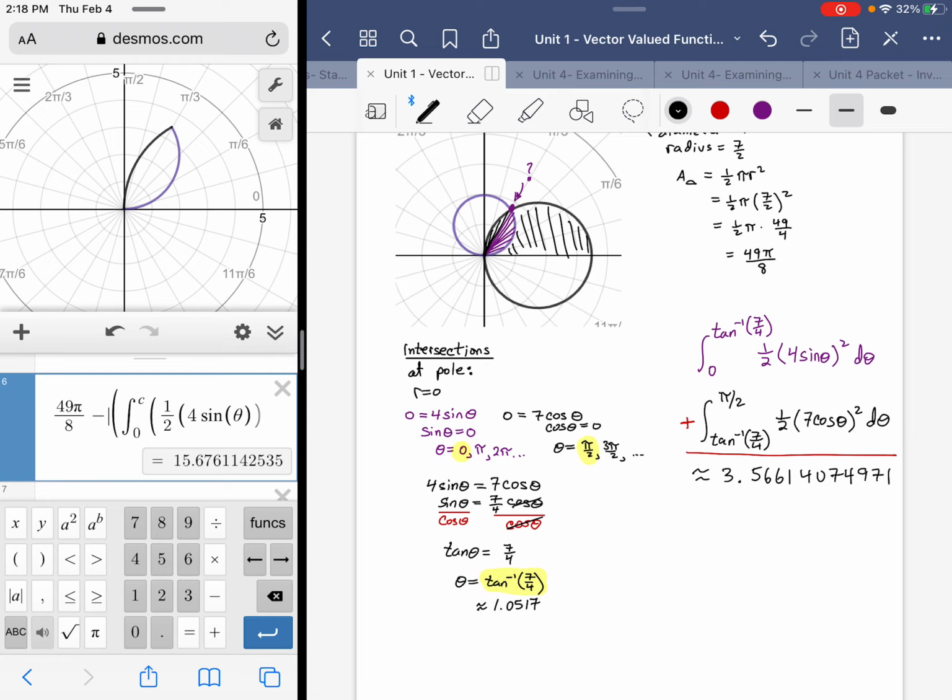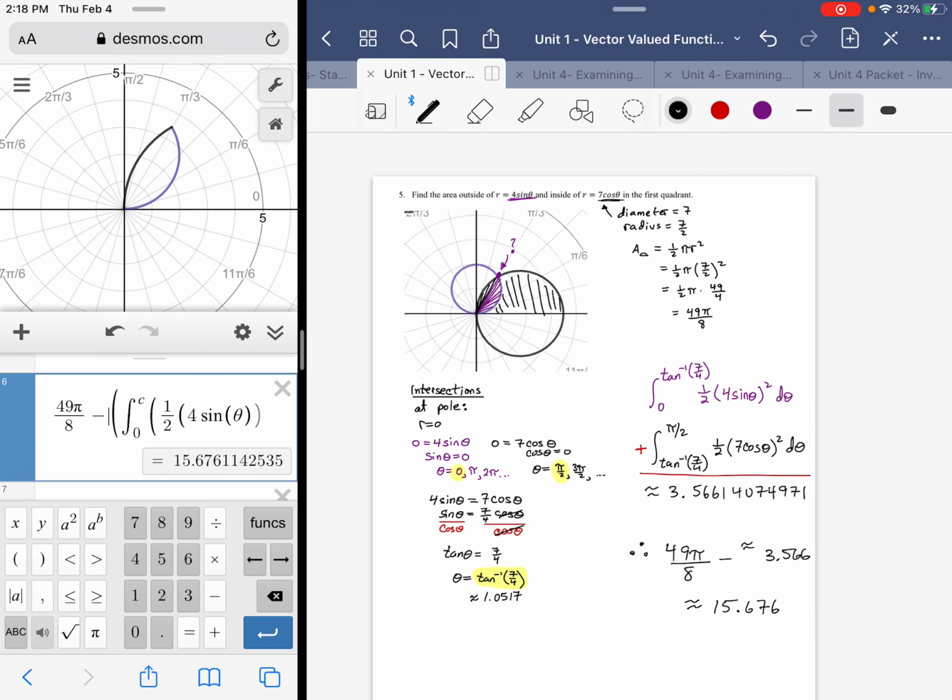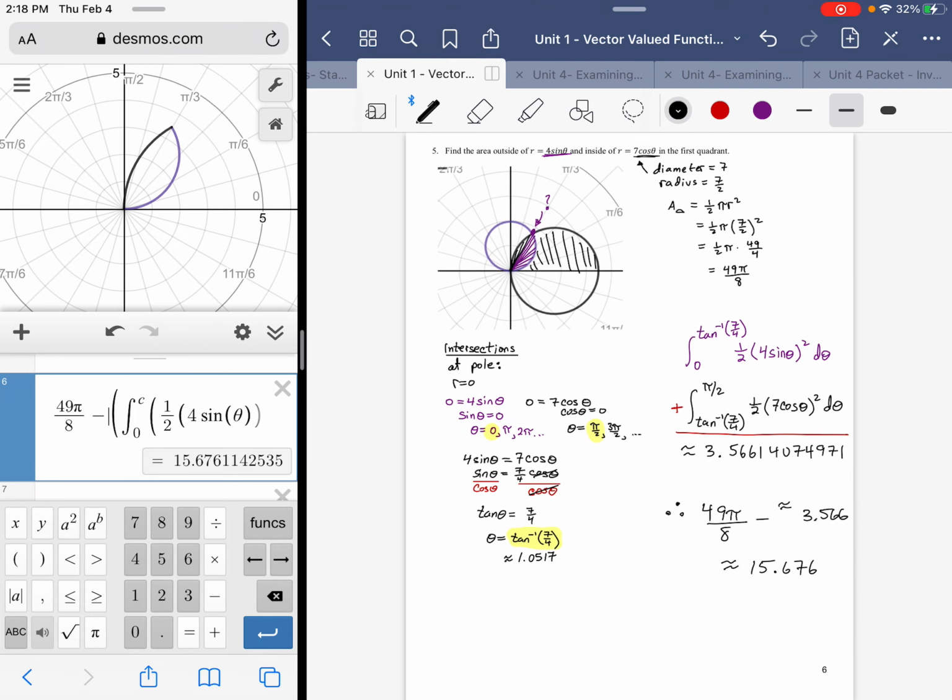All right, so therefore, 49 pi over 8 minus, it's really going to be approximately 3.566. Result is going to be, everything's approximate, 15.676. All right, and that's the area of the semicircle excluding that little leaf, if that's what we're going to call it.